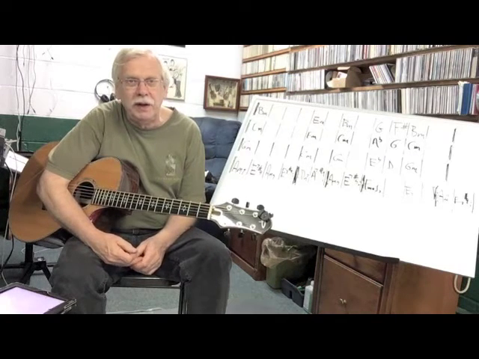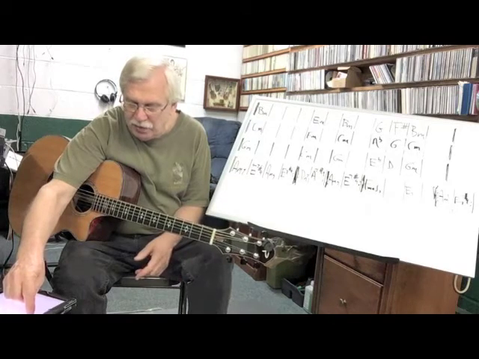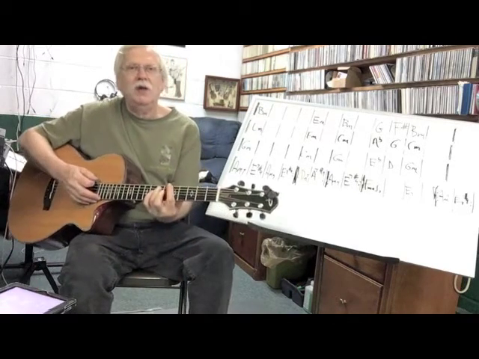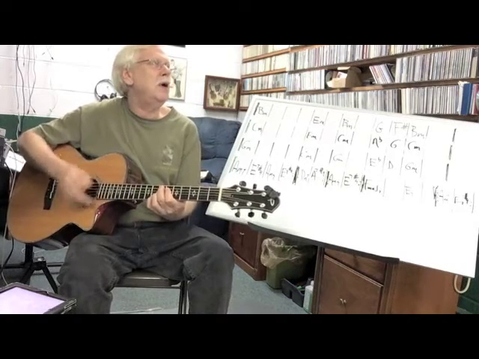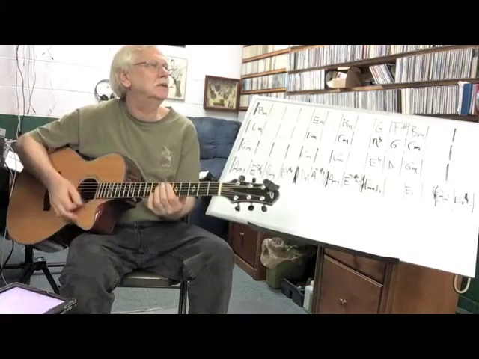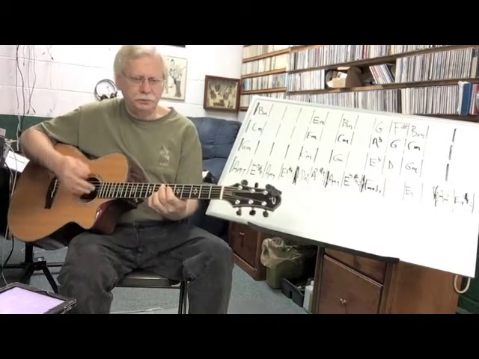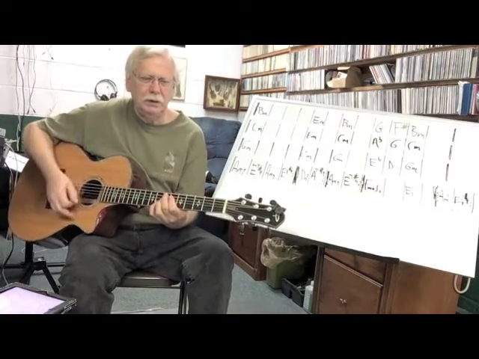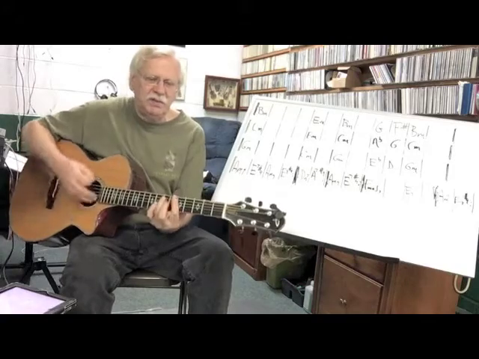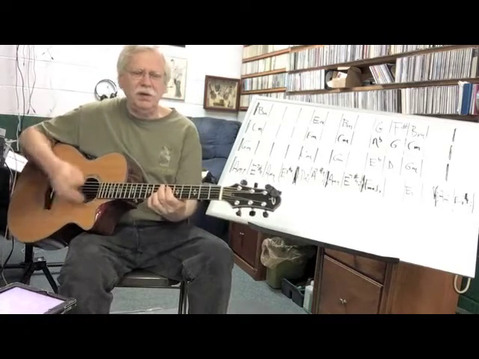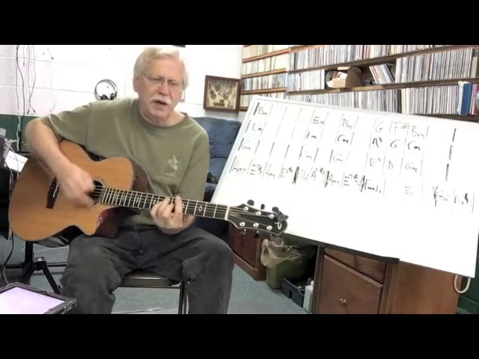I'll do a little playing on it. After the intro of 8 bars, it is what you see in front of you written. So it's A minor 7 to E7. This is the intro. So now the song would start right here. A minor 7 to E7, 4 times.